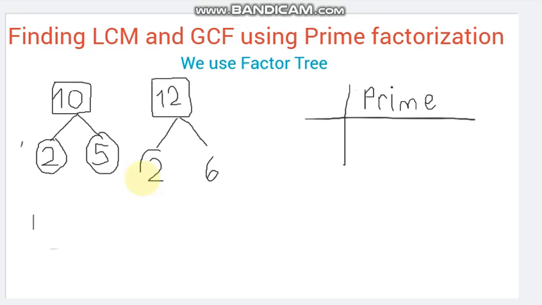So we have 2 here, and then we know that 6 is not a prime number, so we can have another one. 6 is 2 times 3. Again, this is an even number, so we can use number 2. All even numbers are divisible by 2, so we can use number 2 to do the prime factorization. So now we have it.